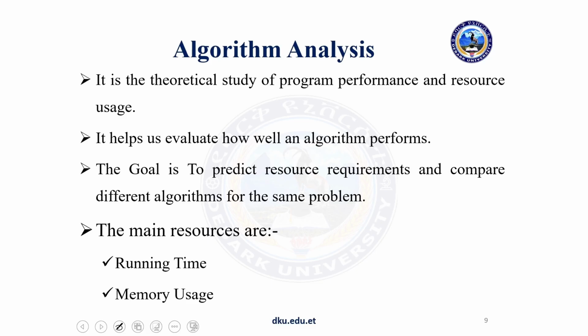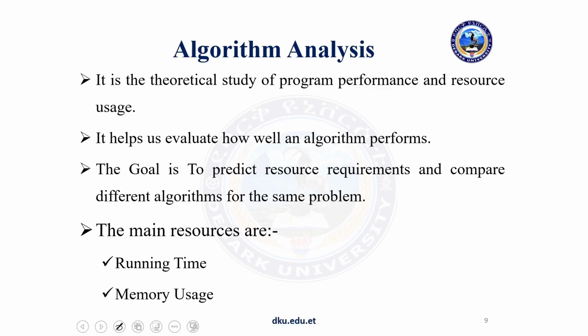Once we write the algorithm, we have to know how much resource it may take and what the performance of that algorithm is. So this analysis helps us evaluate how well an algorithm will perform.